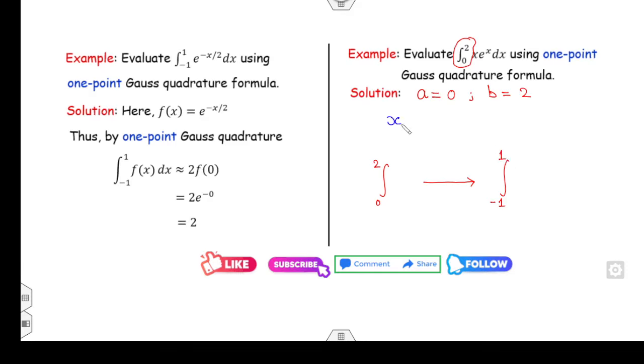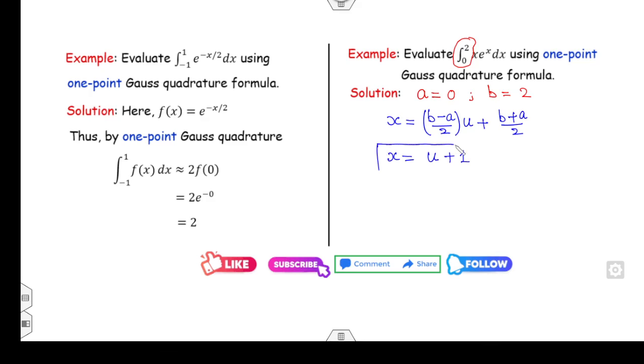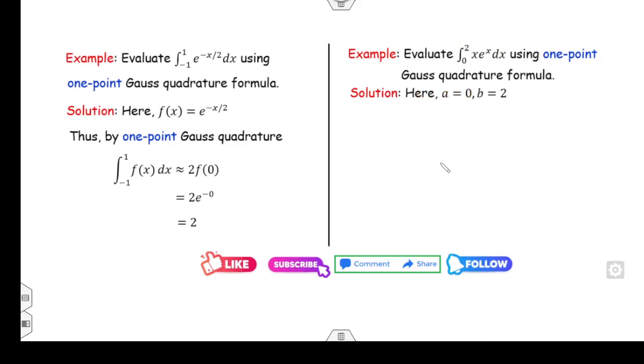I can use the substitution (b minus a) over 2 times u plus (b plus a) over 2. Substituting the limits, x will be u plus 1, and we also need dx. Therefore, dx will be du.